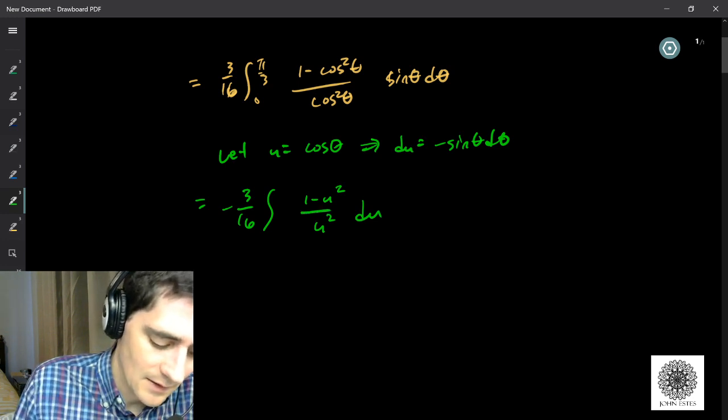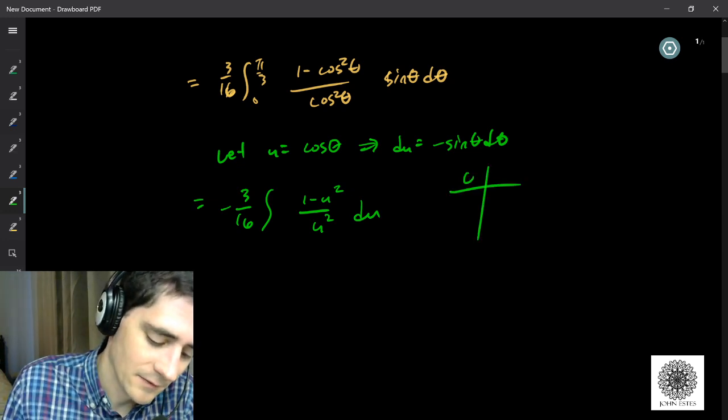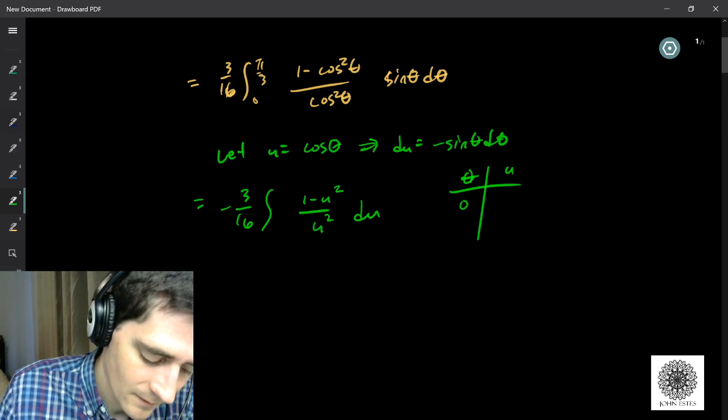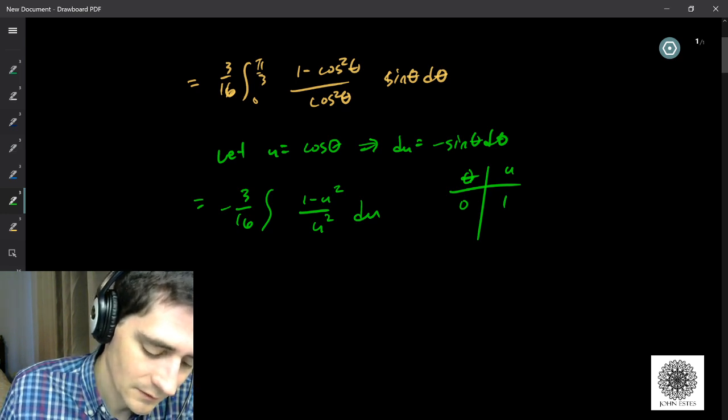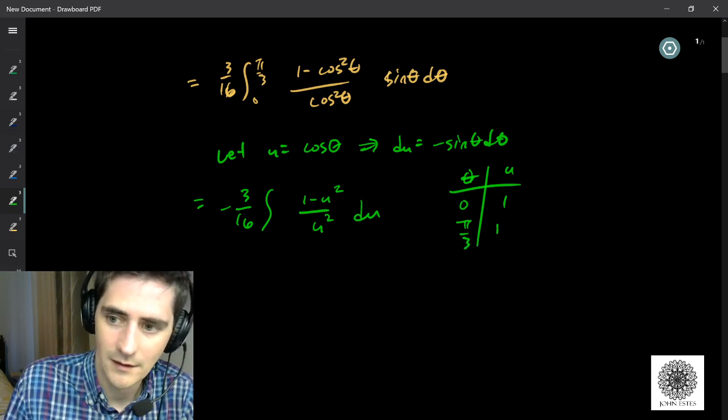Okay, and to convert my limits, if theta is 0, cosine of 0 is 1, and if theta is pi over 3, cosine of that would be 1/2.